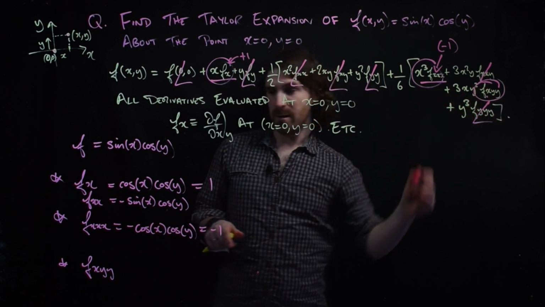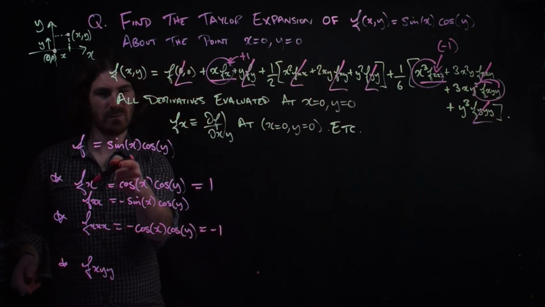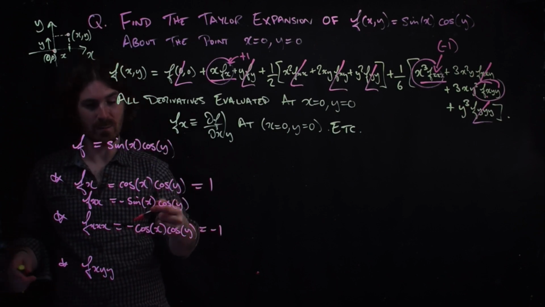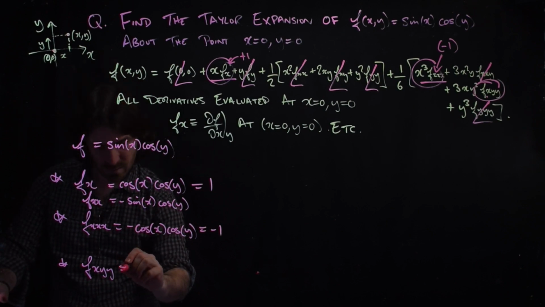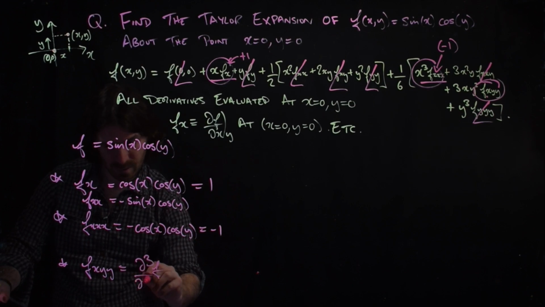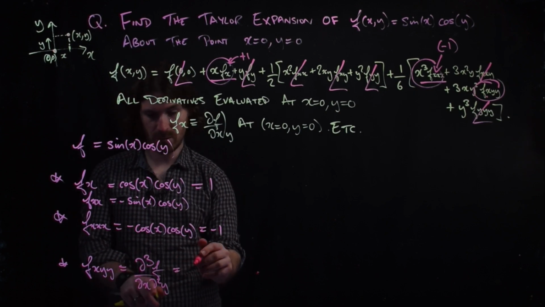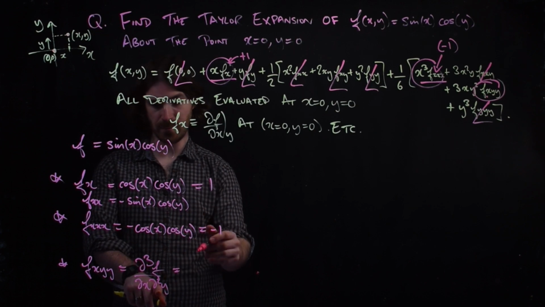And then we need this final term. Okay, and it's going to be either plus or minus 1, as we know, because it's going to involve sine x. So it's going to involve cosine x and cosine y, but with a sign in front. So what is this? This is d3f by dx d2y. Okay, so let's do the 2 derivatives with respect to y first.